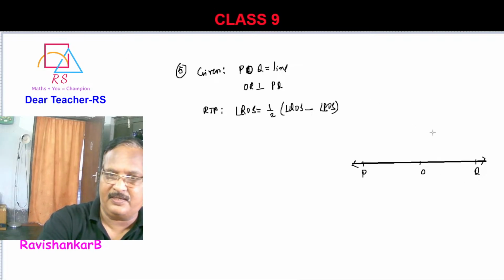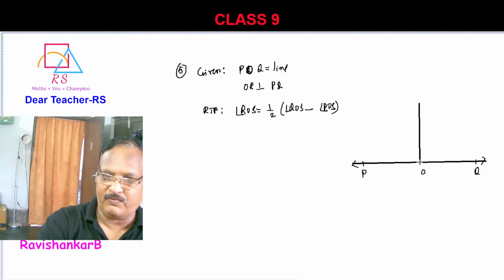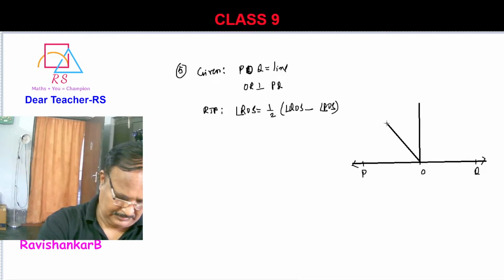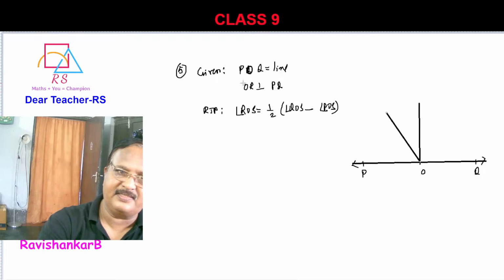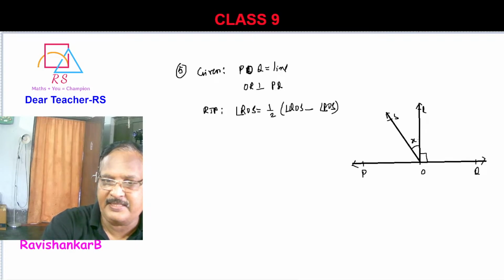OR is perpendicular, and OS is between OR and, it is not exactly in between, it is just lying in between. So now this is OR perpendicular, and this is OS. So now we have to find out ROS. ROS means this one. Let me say this is X and this is Y.